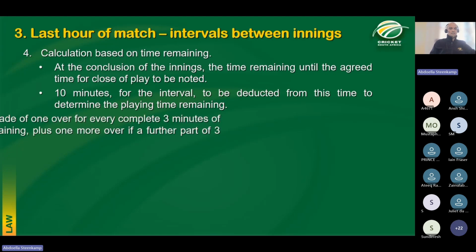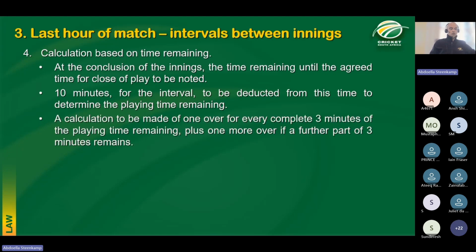And then the last step is, take your answer in bullet point 2 and divide by 3. So a calculation to be made: 1 over for every completed 3 minutes of time remaining. And if there is a fraction left, you add another over. Again, bear with me. We're going to see how we practically apply this now.